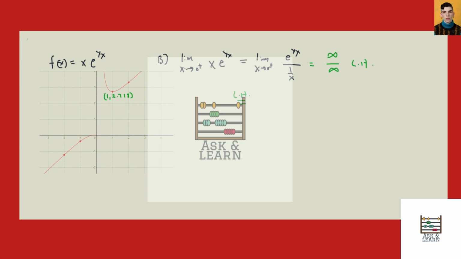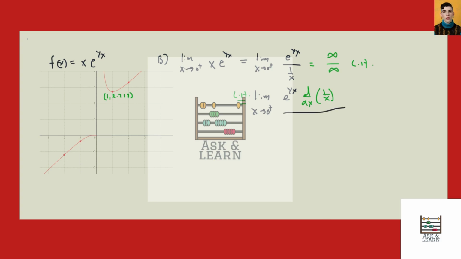This is going to be equal by L'Hopital's to the limit as x approaches 0 from the right of, so to take the derivative of e to the 1 over x, we're going to use the chain rule. We take the derivative of the outside, which will not change, and then we have the derivative with respect to x of 1 over x.